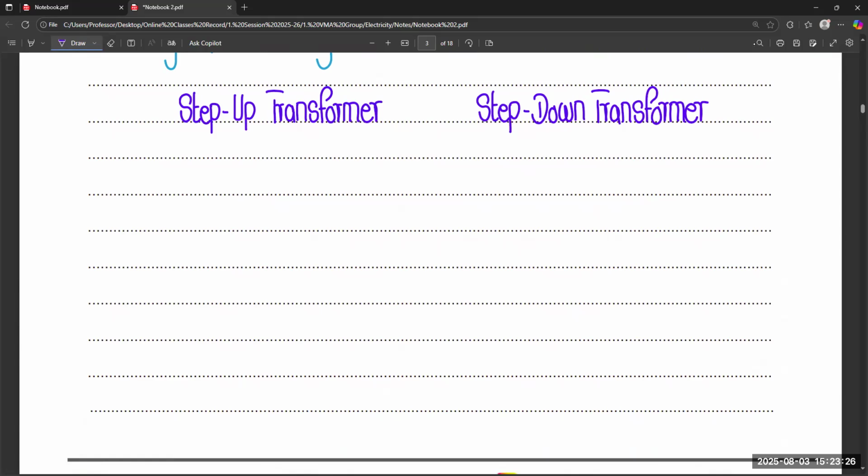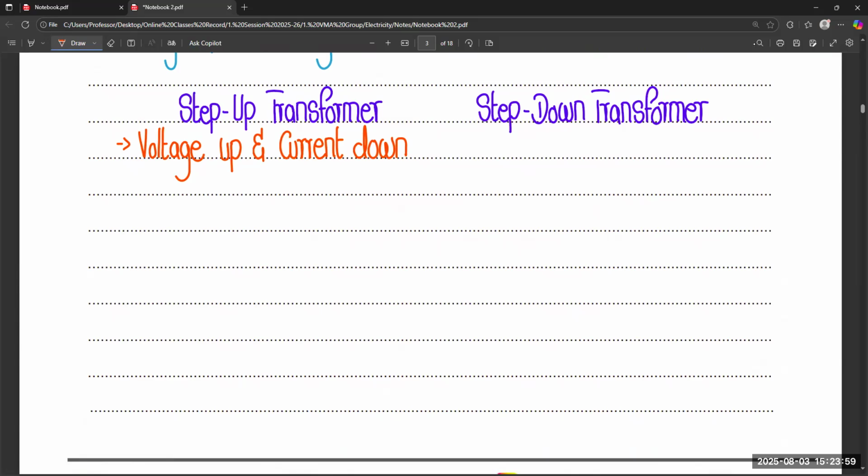So basically in a step up transformer, definitely we have to increase the voltage in the output. So in a step up transformer, the value of voltage increases and the value of current decreases, because resistance and voltage are directly proportional.